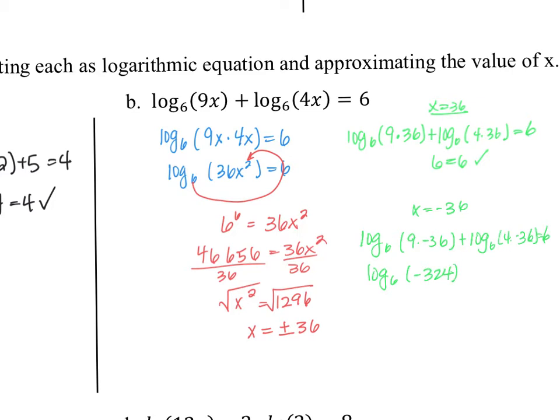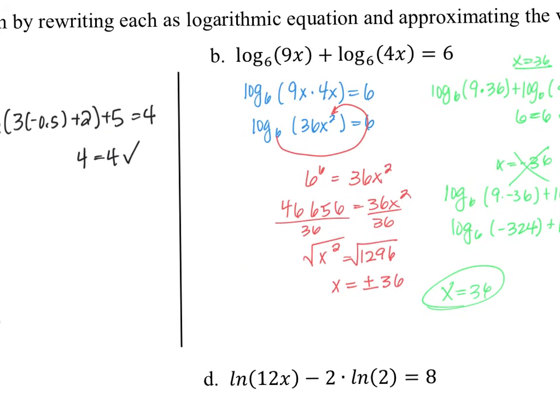There's no point in even continuing because you can't take a log of a negative number. So this one actually becomes extraneous. So your only answer is x equals 36. That's the only one that works. Okay, all right, let's move on to the next one.